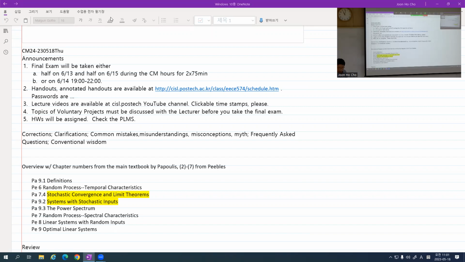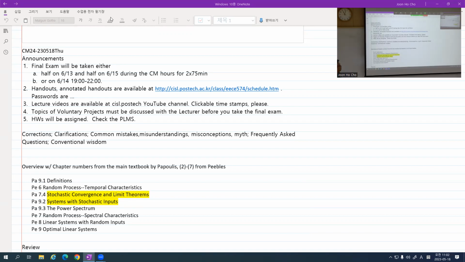We have, of course, the most important announcement. The final exam will be taken either during our regular class meeting hours, half on Tuesday and half on Thursday, or, if I can find a classroom at this time on Wednesday, we will take it for 3 hours.